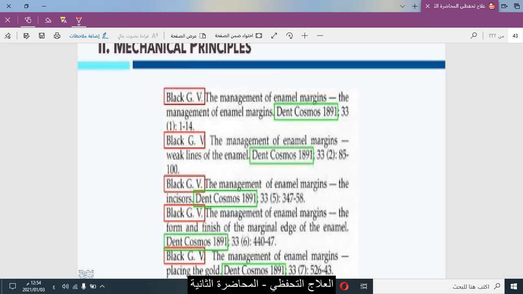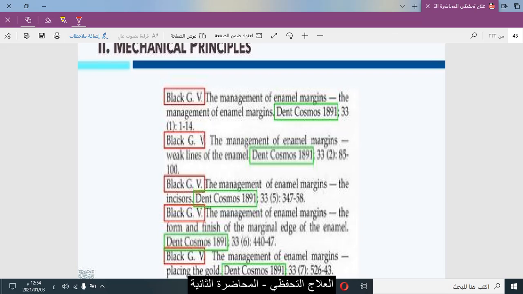And the other thing is the stage. Stage of the cavity, sometimes it is within the enamel, the outer surface of enamel. In this situation, we have only to do enameloplasty or fissure sealing, and we do not do cavity preparation for that situation.